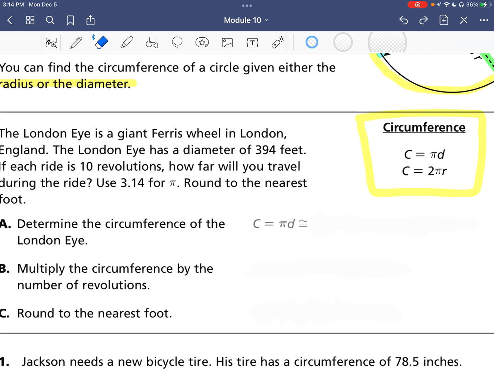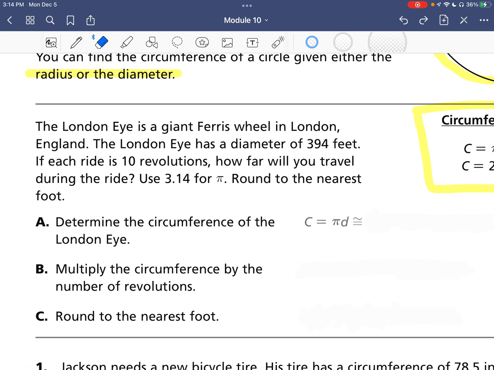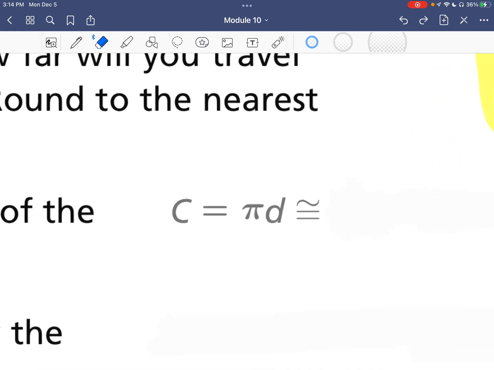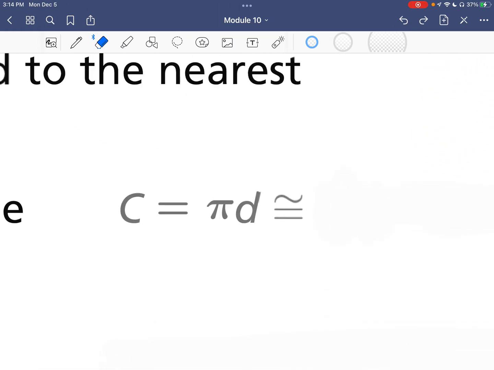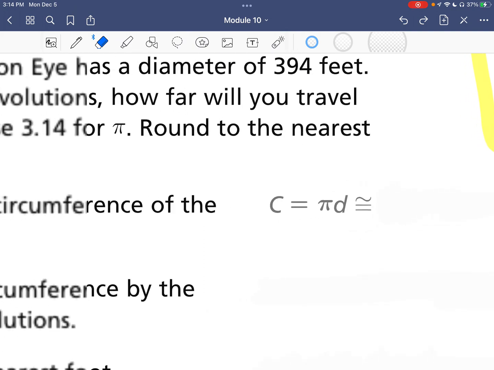So we're going to start by determining the circumference of the London Eye. So we're going to do C equals pi times diameter. And we use this equal sign with a little squiggly over it. That means about, so just about equal to. Not exactly, not perfect, but about equal to.